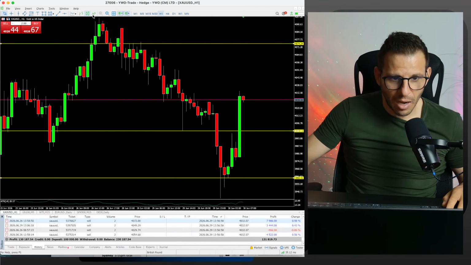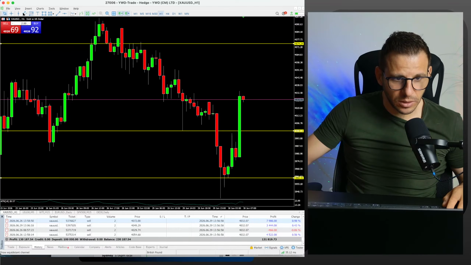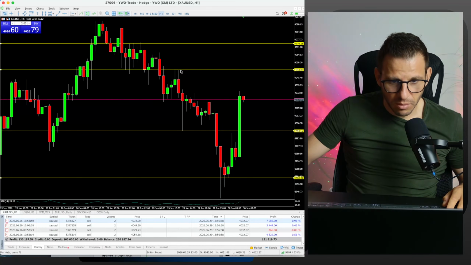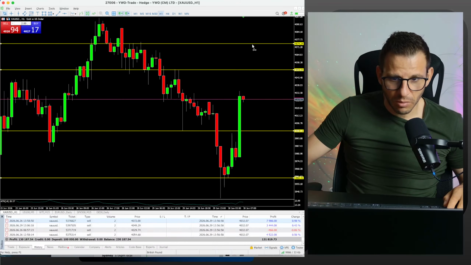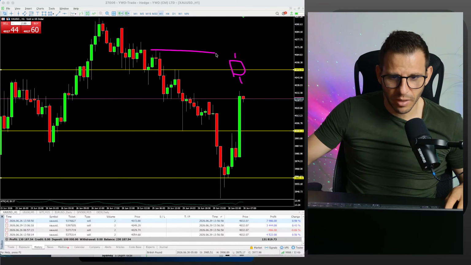On the hourly chart, things are getting a bit interesting here. These are all inside candlesticks. I will plot this resistance, and I will delete this one. Only if the price breaks and closes above this one here, like this, then I will go back to draw another resistance there.